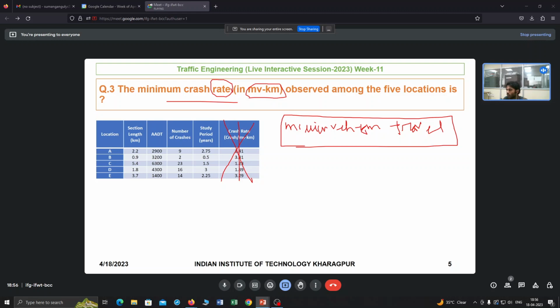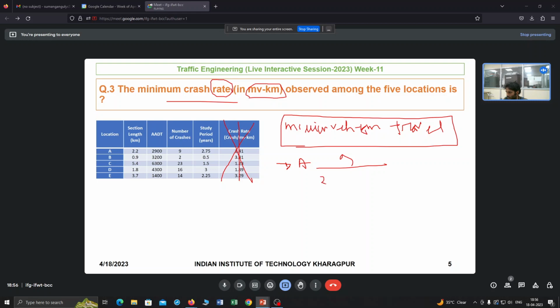Because we are anyhow doing it. So now our number of crashes are, suppose for location E, 9.